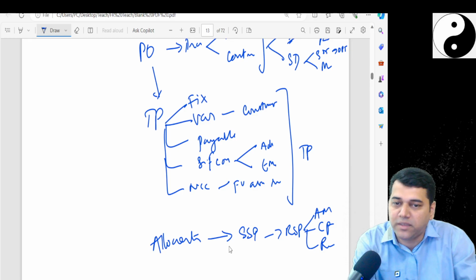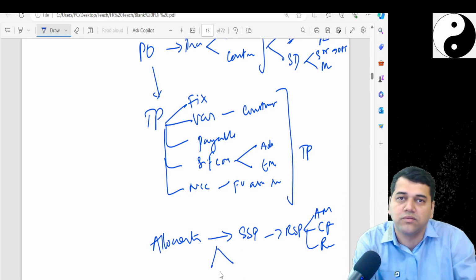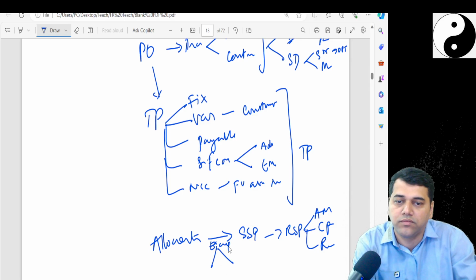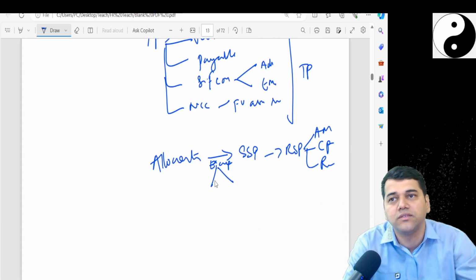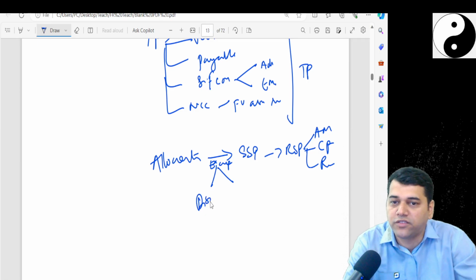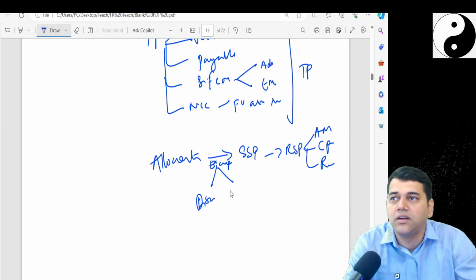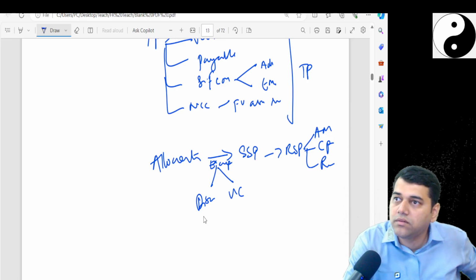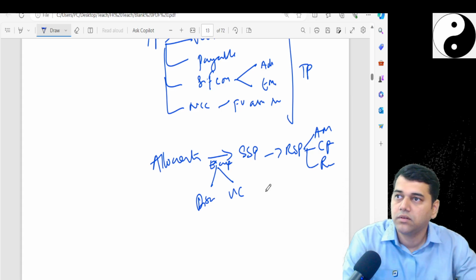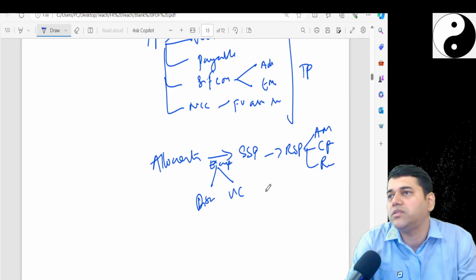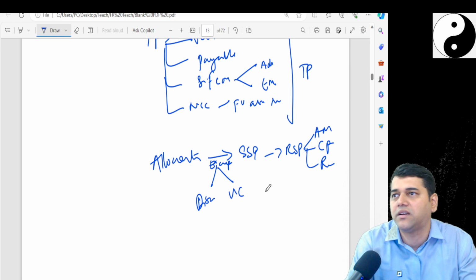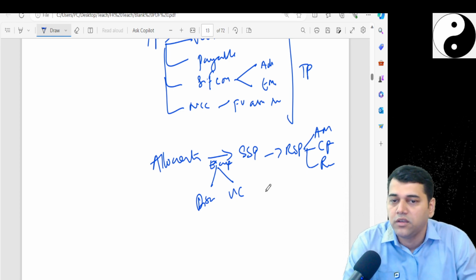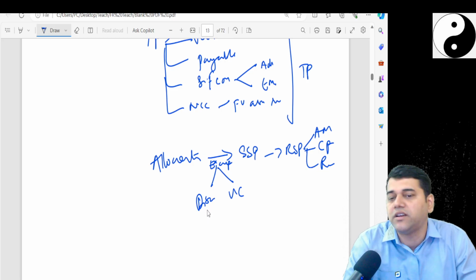But there are 2 exceptions to these allocations. What are the 2 exceptions? Allocation of the discount and the variable consideration. Both don't depend on each other. First thing is you need to consider the discount.